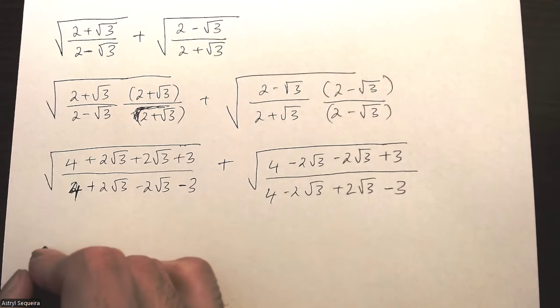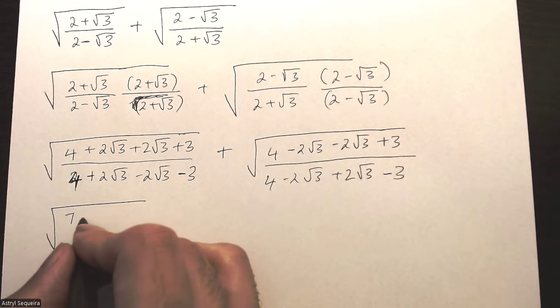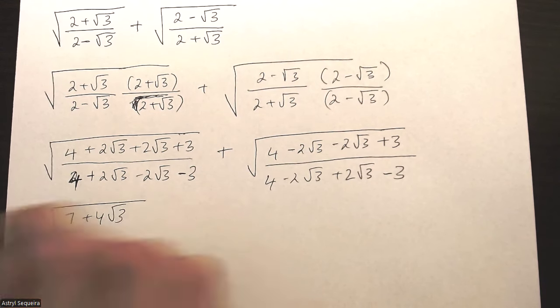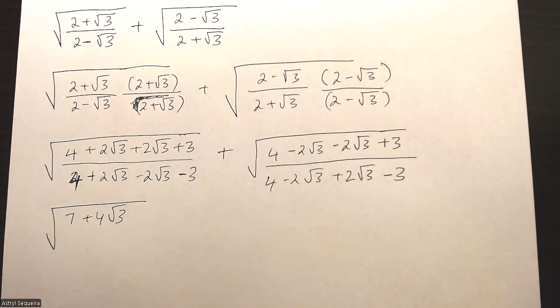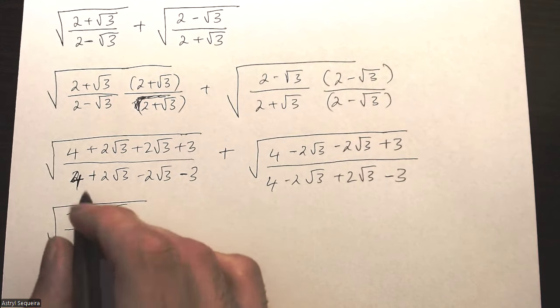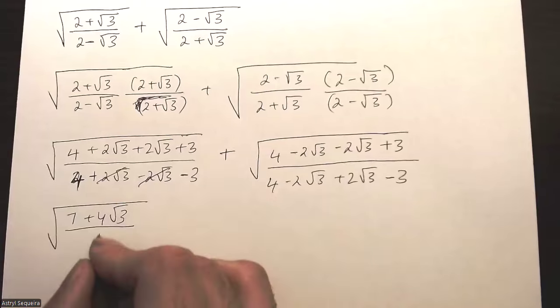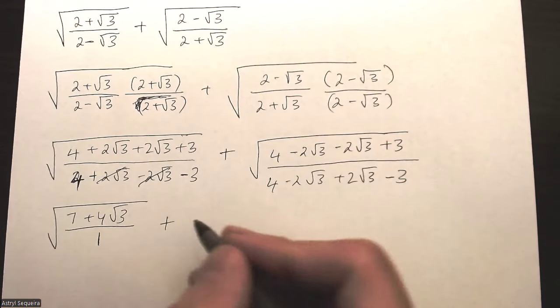So if I combine like terms in the top over there, I'll get 7 plus 4 root 3. And if I combine like terms in the bottom, I'll get 4 minus 3. These two cancel, just a 1.